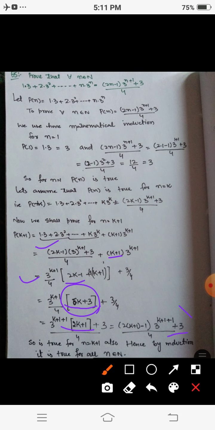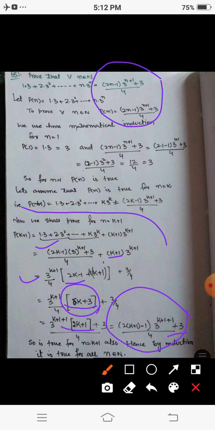Clearly this is of the form of the given statement, where in place of n we have k plus 1. So this statement is also true for n equals k plus 1.